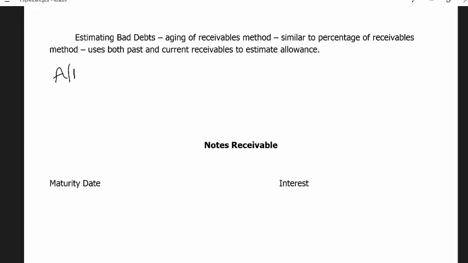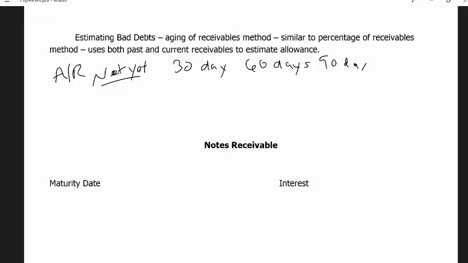So I have accounts receivable that are not yet due, I have accounts receivable that are 30 days past due, 60 days, 90 days, and so forth, past due.